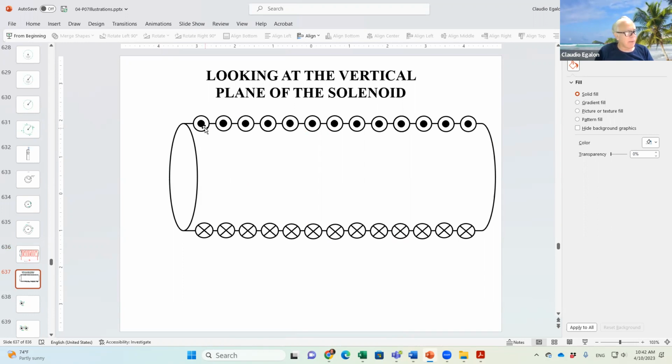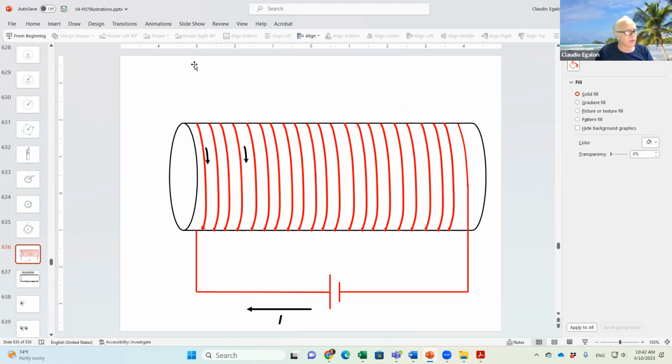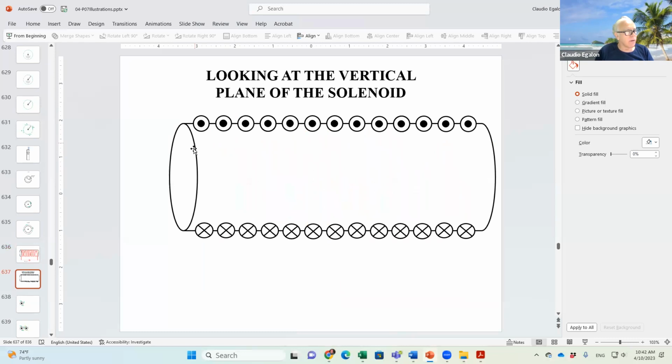The current is coming out of the board here, which is the upper region of the solenoid. The current flows down all the way here, and when it reaches this point, the current goes into the board. That's how we should visualize it.